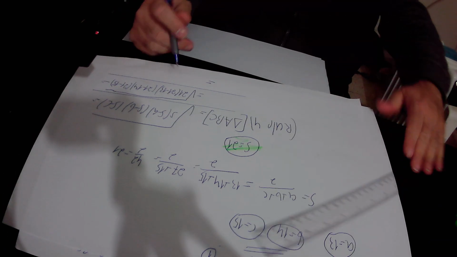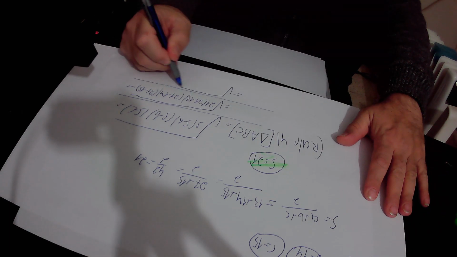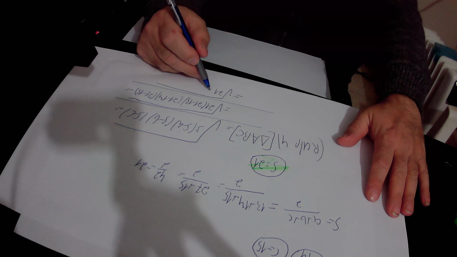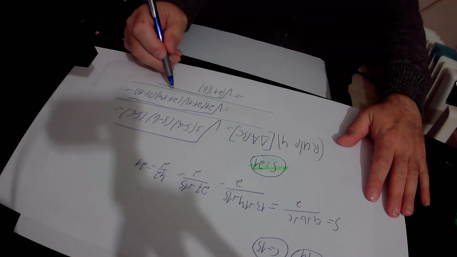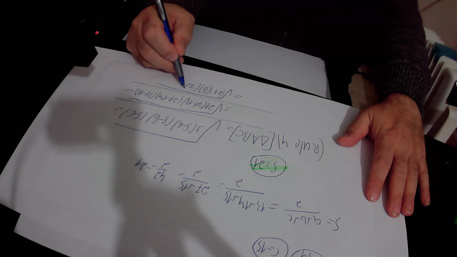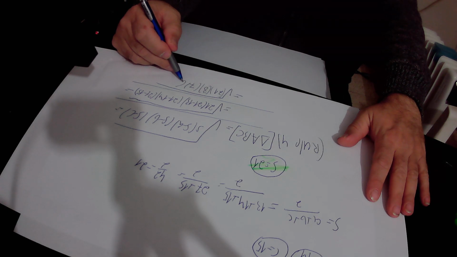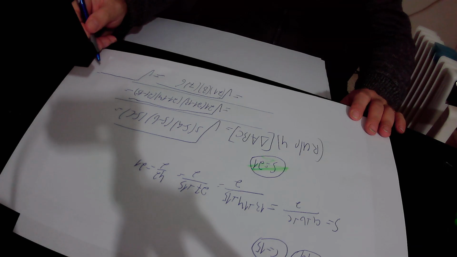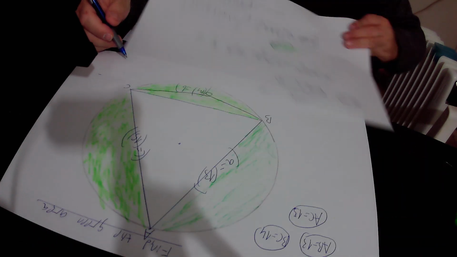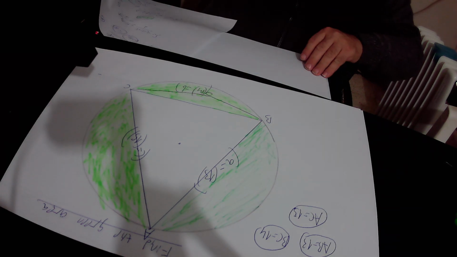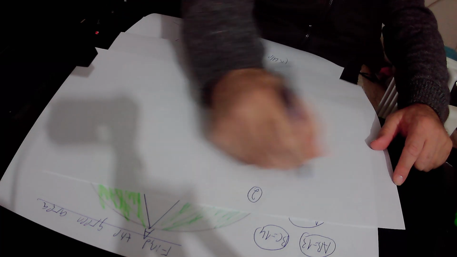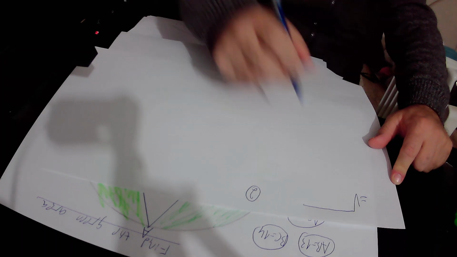So the area of this triangle ABC, according to the new formula, equals the square root of 21 times 21 minus 13, which is 8, times 21 minus 14, which is 7, times 21 minus 15, which is 6. So it equals the square root of 21.